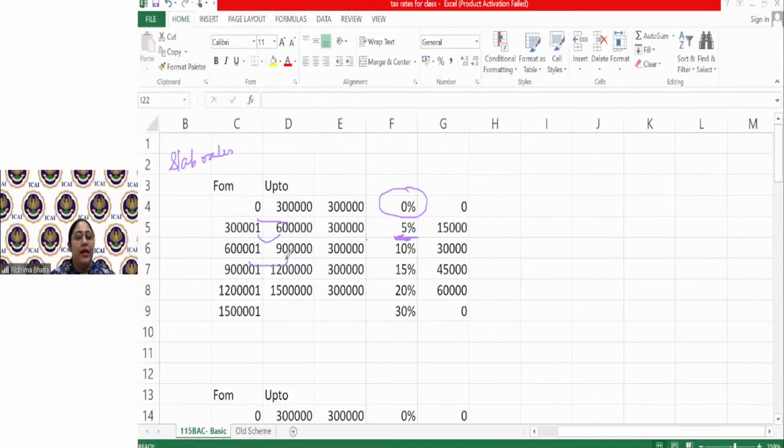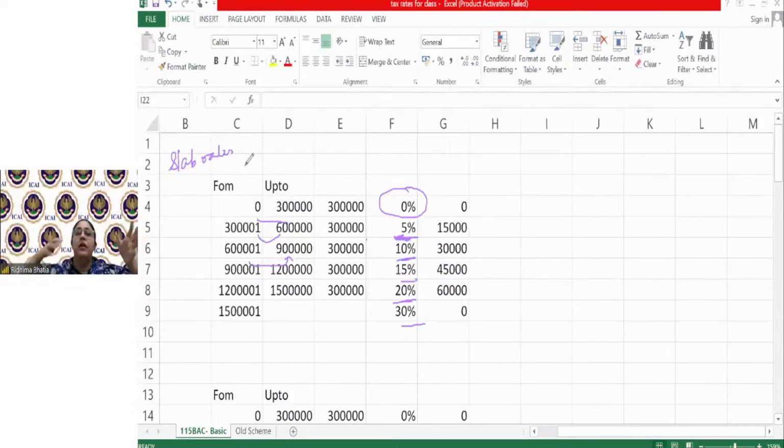From 6 lakh 1 to 9 lakh, the tax rate would be 10%. From 9 lakh to 12 lakh, the tax rate would be 15%. From 12 lakh to 15 lakh, the tax rate would be 20%. And above 15 lakh, the rate would be 30%. It means your entire income would be divided into slabs.